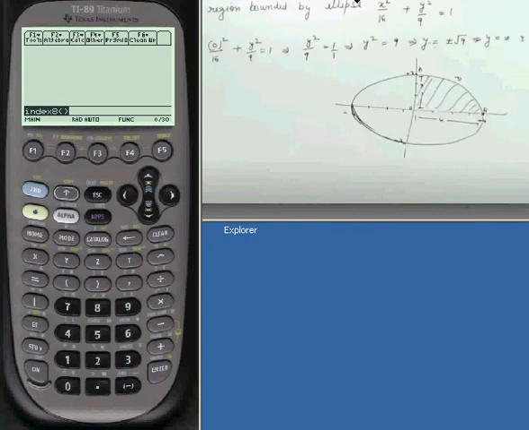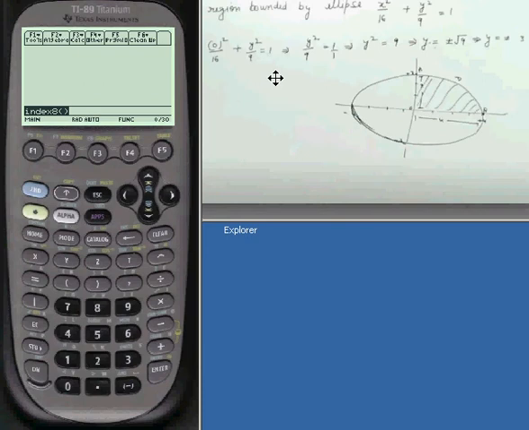Whatever's in the numerator, if it's x squared minus 6, for instance, then you change the sign, and the 6 would be the x value. So keep that in mind, just as general knowledge of ellipses.